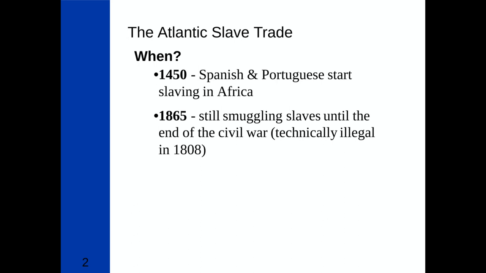By 1865, slavery would come to an end in the United States, even though people were still smuggling in slaves even after the Civil War. But technically, it was made illegal around 1807, 1808. It was banned officially in Great Britain and in England around that time period.